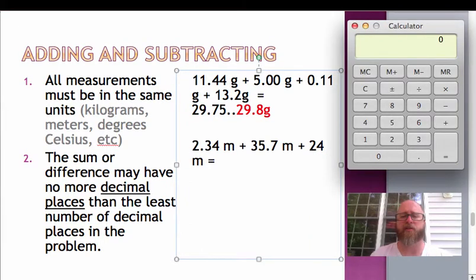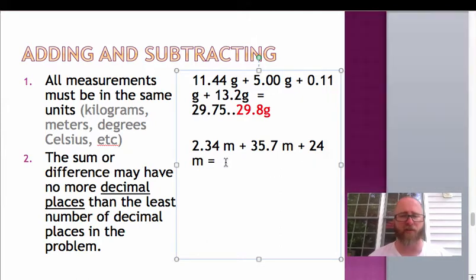All right. Okay, so let's try this next one. So we have 2.34 meters plus 35.7 meters plus 24 meters. Let's go ahead and put that in there. 2.34 plus 35.7 plus 24, and that gives me 62.04. Okay, so let's put that in there. 62.04. All right, now let's look at our rule again.